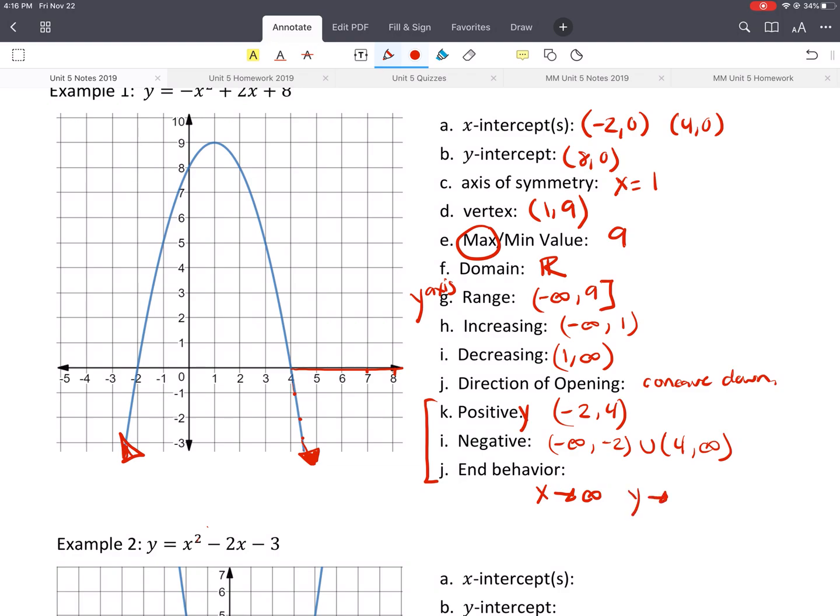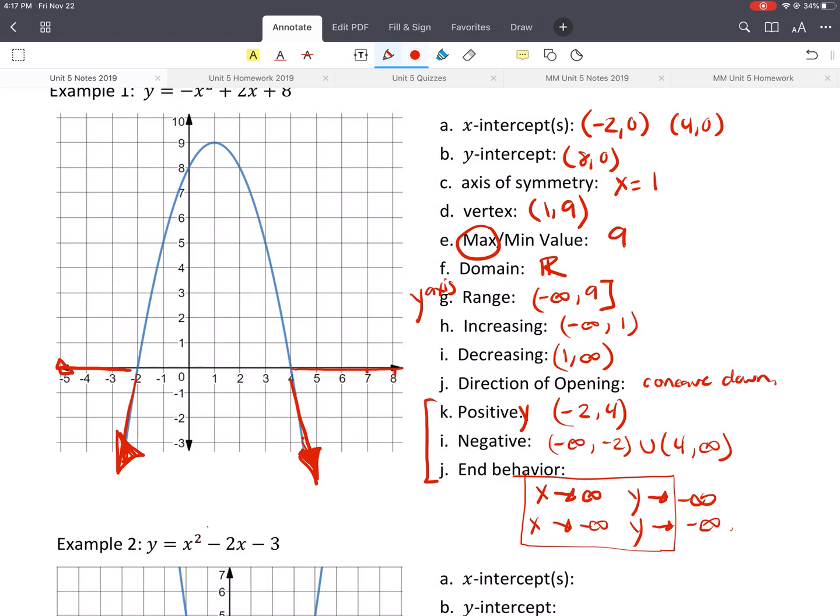In this situation, this keeps continuing all the way to negative infinity. But as x goes the other way, to negative infinity, y also goes to negative infinity. So this part, all of this, what I boxed, is going to be the same. We just want to see what happens to y when x goes to infinity, and what happens to y when x goes to negative infinity.